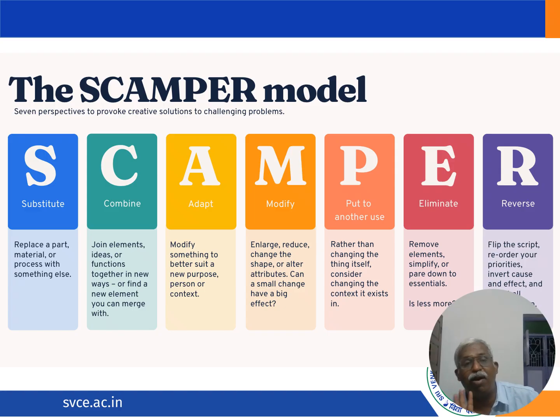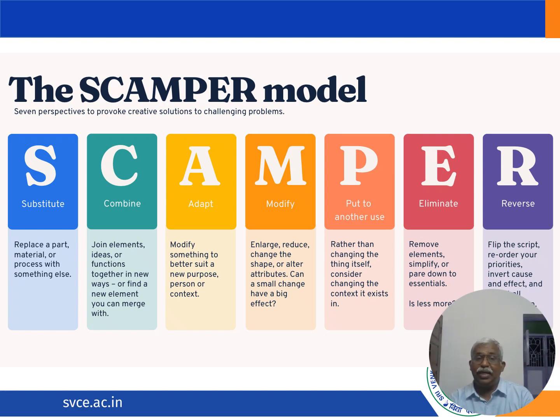We can go for automation. Adapting automation is important here instead of manpower utilization. At the same time, we can take that manpower for the betterment of the next level. Modify something to better suit a new purpose, person or context.